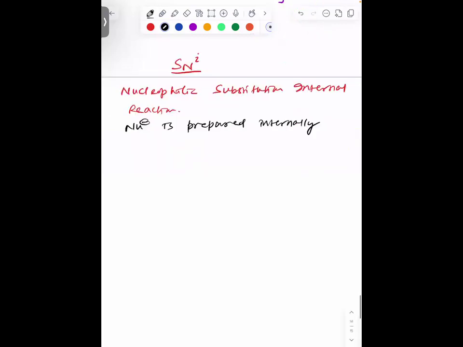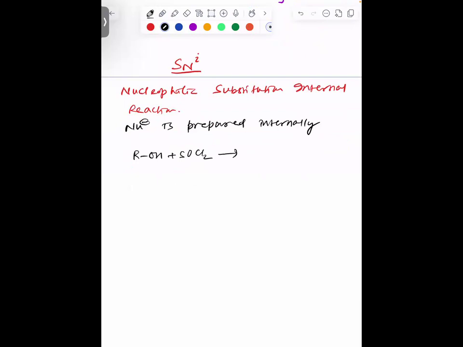Let us see this reaction. How to prepare haloalkane from alcohol? It is thionyl chloride, the best method to prepare chloroalkane from alcohol.